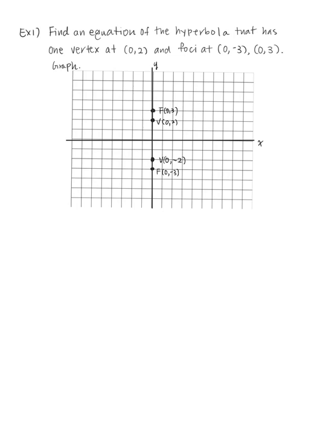Remember that all the important points, foci and vertices, must lie on the transverse axis. And let's not forget the center. It looks like our center is going to be at the origin, so I'm going to write center (0, 0). Since the transverse axis is parallel to the y-axis, we must use equation 2.